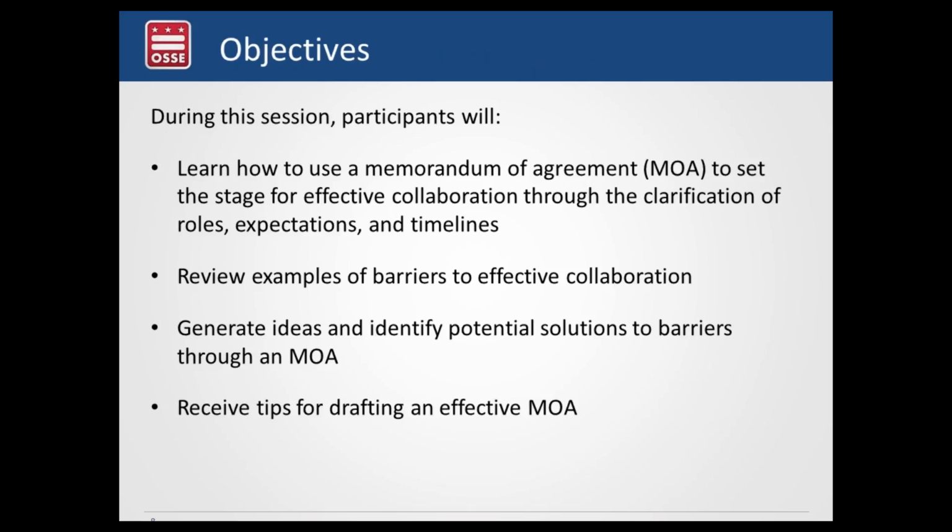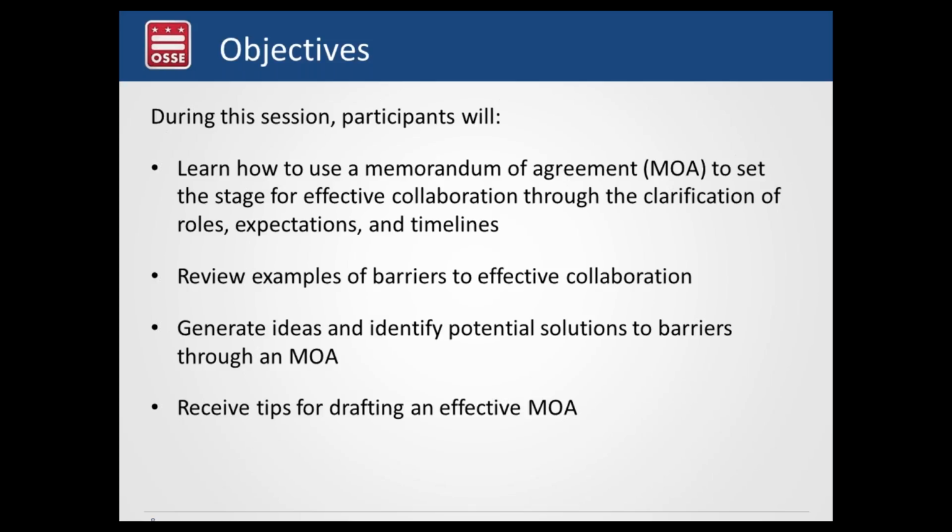Our objectives for this session will be for participants to be able to learn how to use an MOA to effectively collaborate between non-publics and LEAs and clarify the roles, expectations, and timelines that are important.